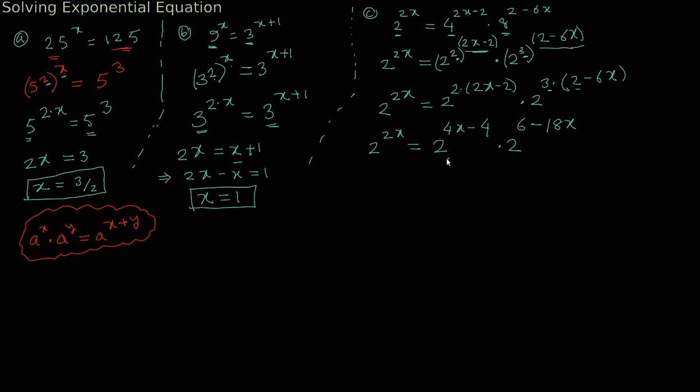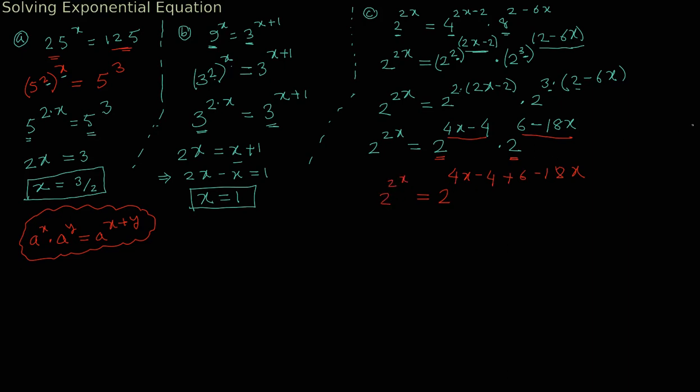So look here, I have 2 power something and another 2 power something, so I can write 2 power and add these two powers. So I can have 4x minus 4, and I can add the other power, which is 6 minus 18x, which equals 2 power 2x.